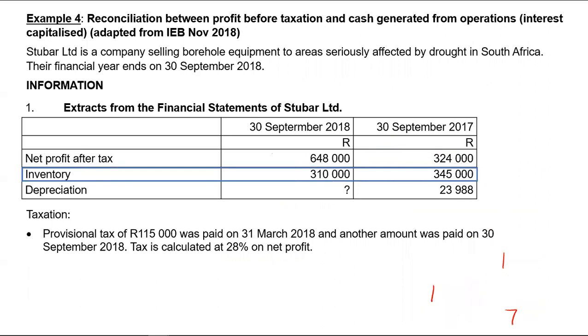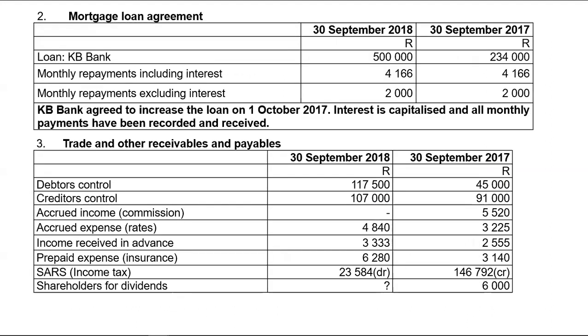Right now, I'm just looking for depreciation and interest expense. Hopefully, as I read further, it'll give me the information that I need. Oh, and then they gave me the mortgage loan agreement, which should enable me to calculate interest.